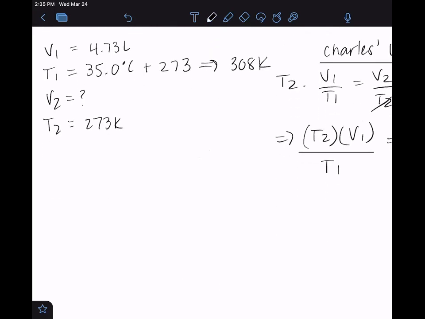Again, always do your multiplication first and plug things in.